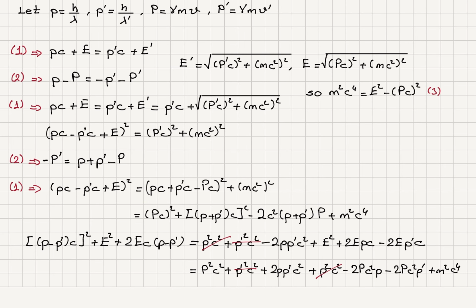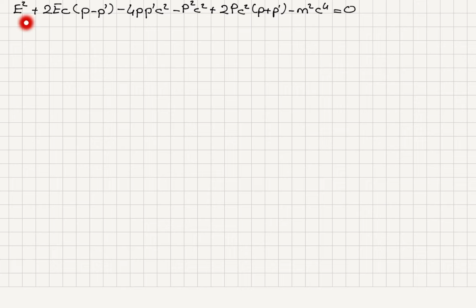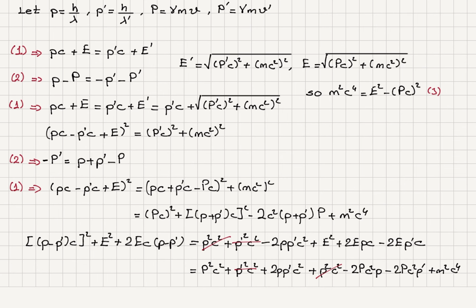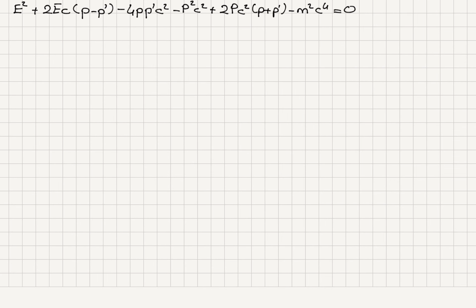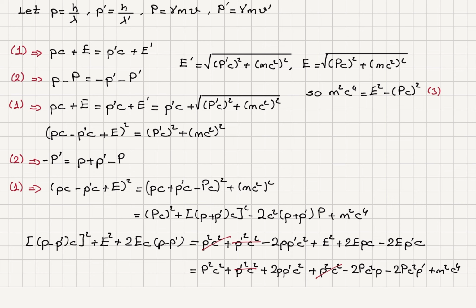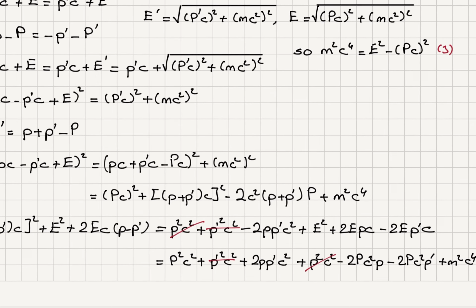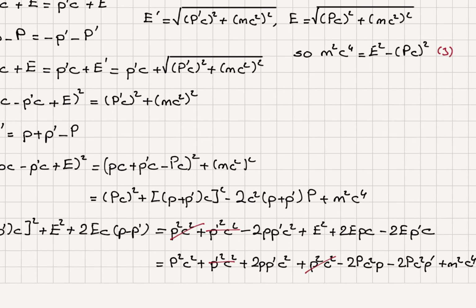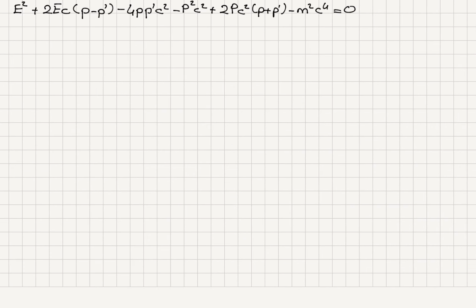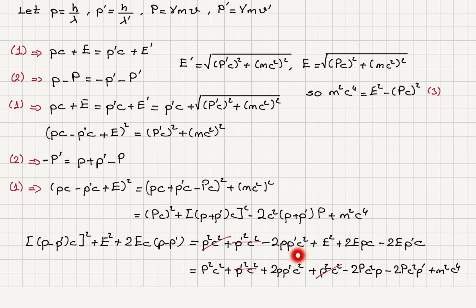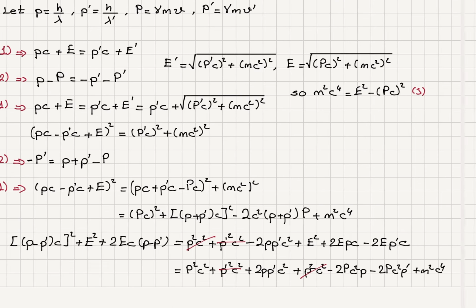So basically, I have this term, e squared, and then I have 2ec (p minus p prime). And then I have this taken to the left hand side, minus 4p p prime c squared.